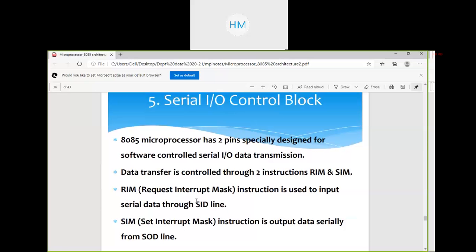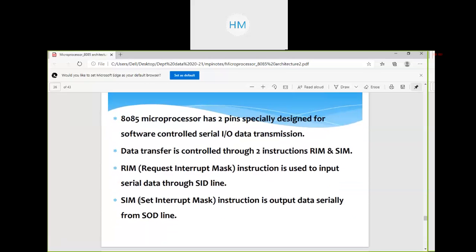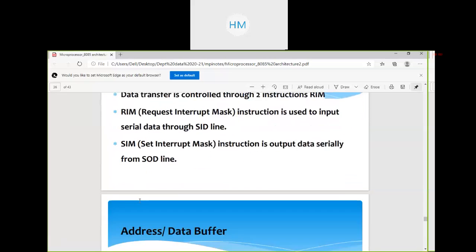RIM is used for the SID line, SIM is used for the SOD line. Serial output data and serial input data lines are present in the microprocessor. If we want these lines to work, we have to use the instructions RIM and SIM. Without these instructions, SID will not work.